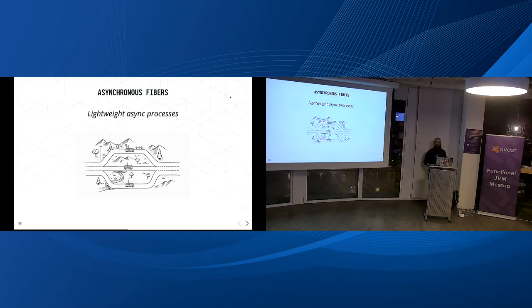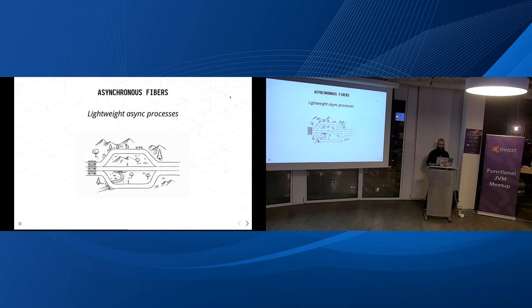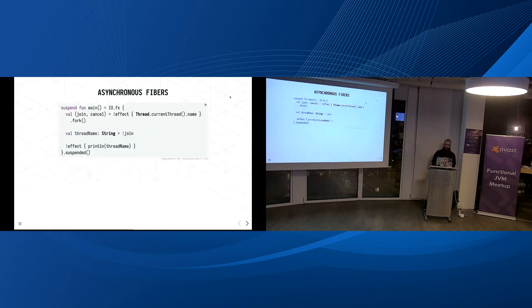But Arrow Effects also has the concept of fibers that some of you might know from Cats Effect or ZIO. Fibers are lightweight async processes that you can run. So here's an example, and we have a very simple effect that prints the thread name, and we're going to fork it, which gives us back a fiber. This fiber is basically a join and a cancel operation.